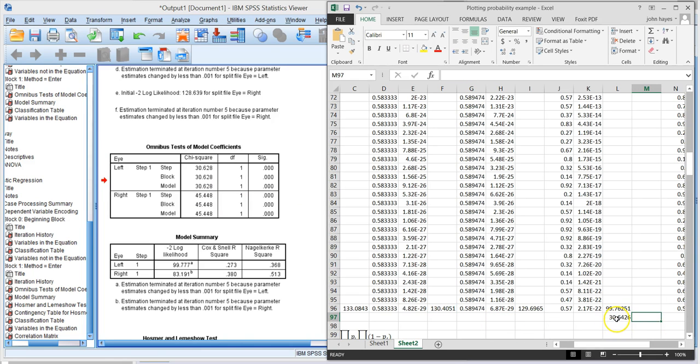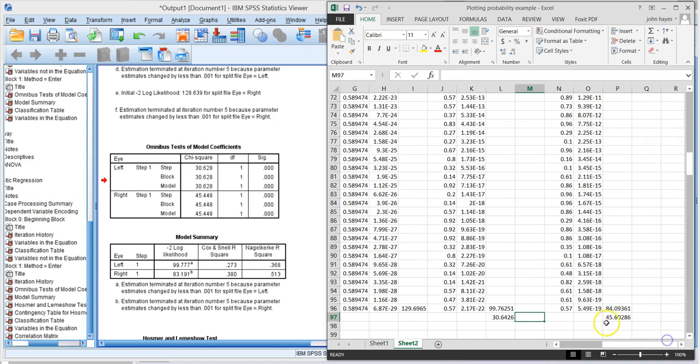We're pretty close to that one too. So that's the chi-square for that eye, and 45.6 for the right eye. That's our overall test of the model fit in terms of a chi-square.